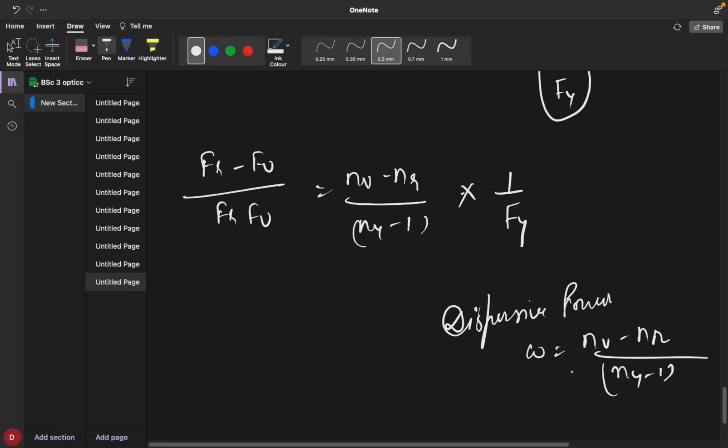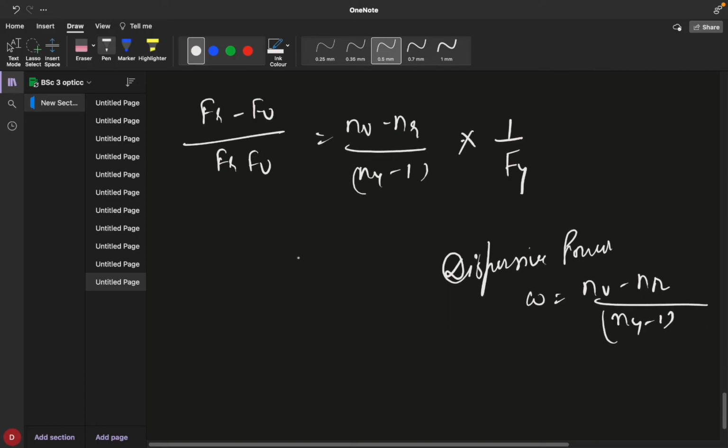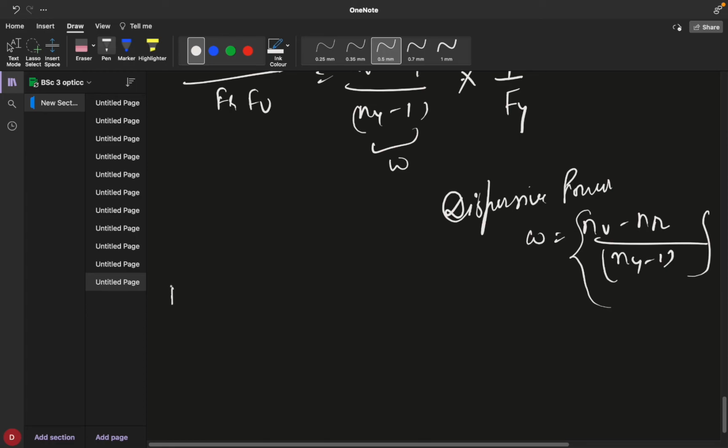So this is our dispersive power, and this term is my omega. So I can write (Fr minus Fv) upon Fr Fv is omega multiplied by 1 upon Fy.